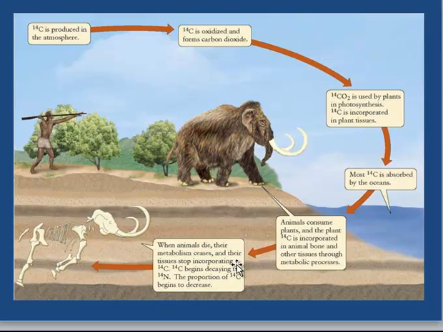When an animal dies, its metabolism ceases, of course, and the tissues stop incorporating carbon-14. That carbon-14 then decays back to nitrogen-14, and the proportion of radioactive carbon begins to decrease.